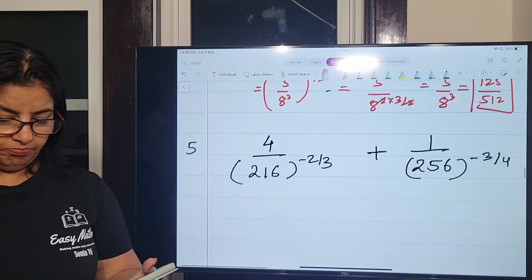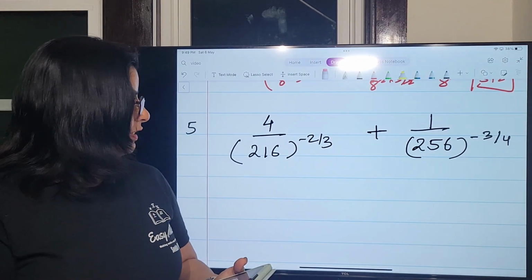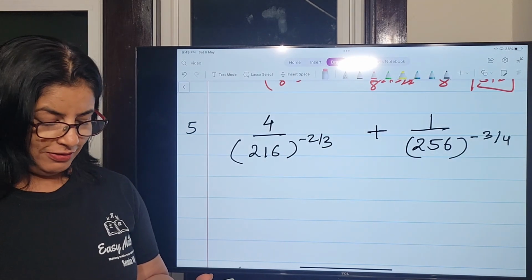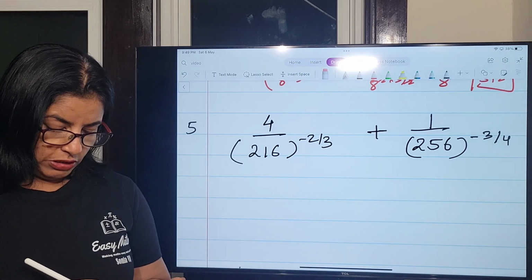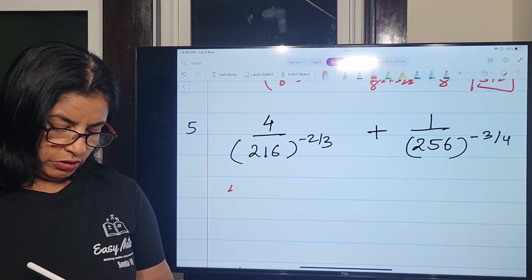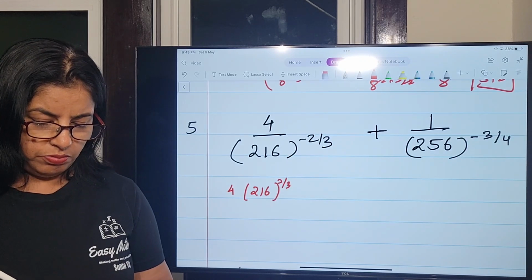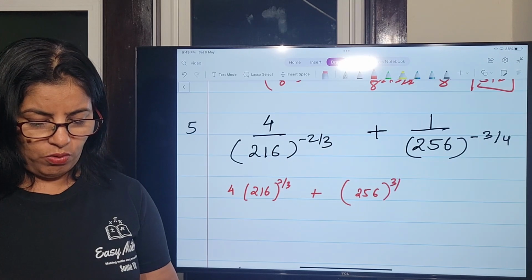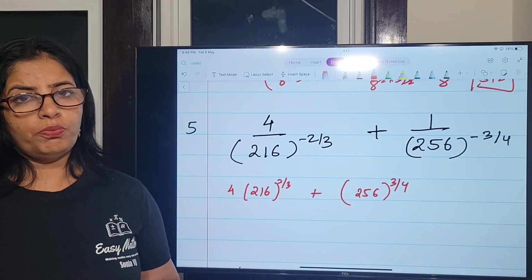Next question. This question looks a little difficult, a little complicated. But if you apply the steps, it won't look complicated. First step, change negative to positive. So this will become 4 into 216 to the power 2 by 3, 256 to the power 3 by 4. Now, second step, compose it to prime factors.